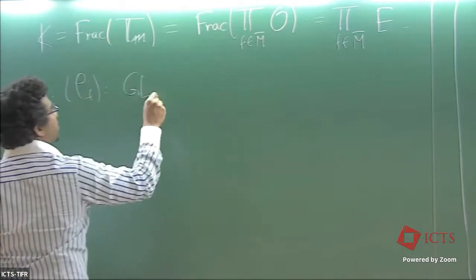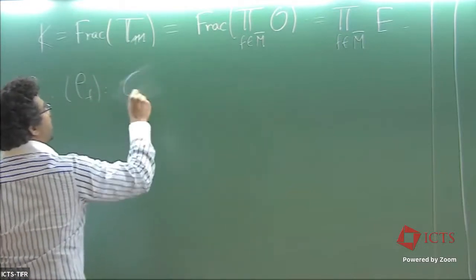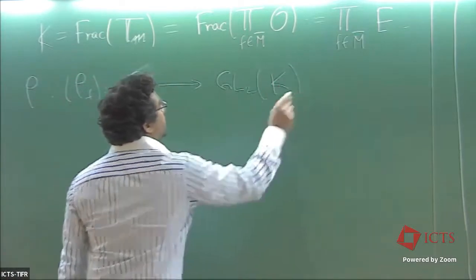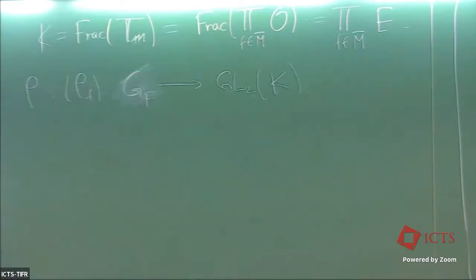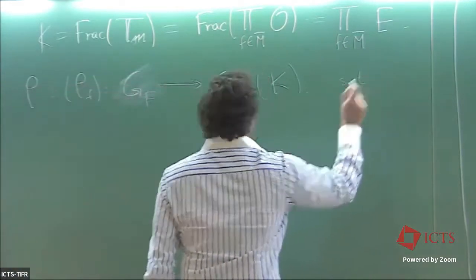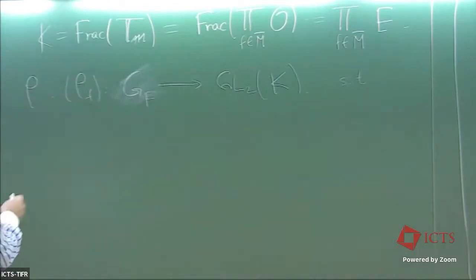Now this time, what it takes values in is GL2 of A. So you are just putting these Galois representations together. Again, let me rewrite those properties.